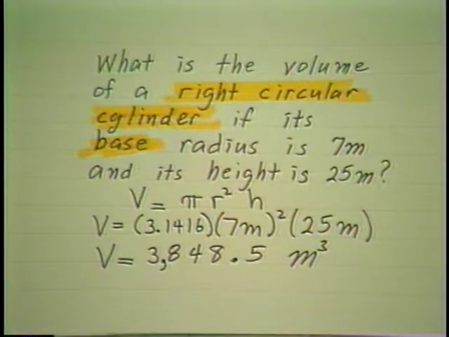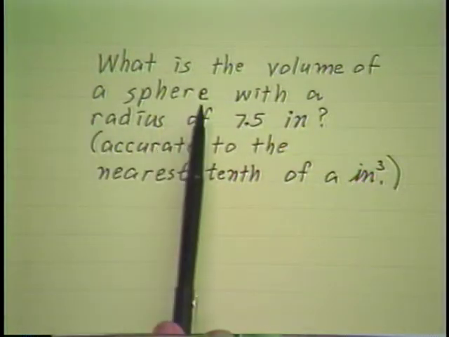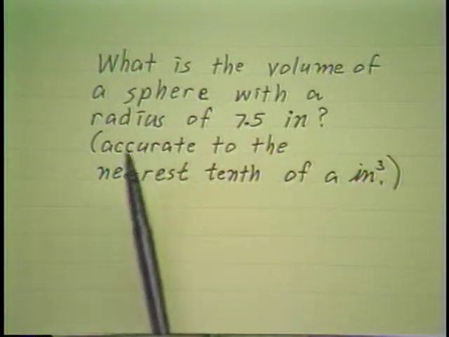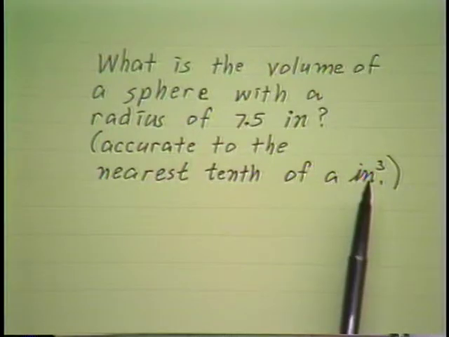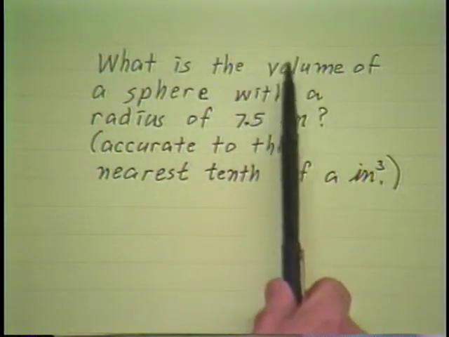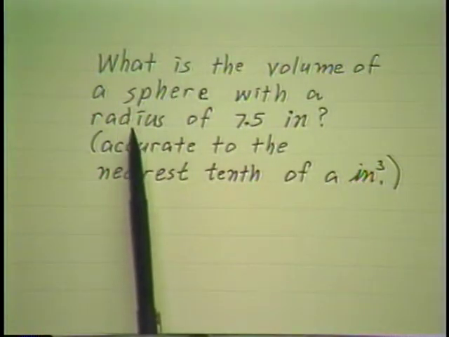to use this result. Another problem: what is the volume of a sphere, ball shape, with a radius of 7.5 inches, accurate to the nearest tenth of a cubic inch? Now, by now we know enough to go running for a formula book, look up the formula for the volume of a sphere in terms of the radius.